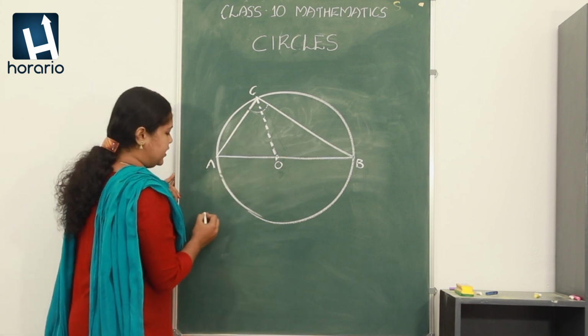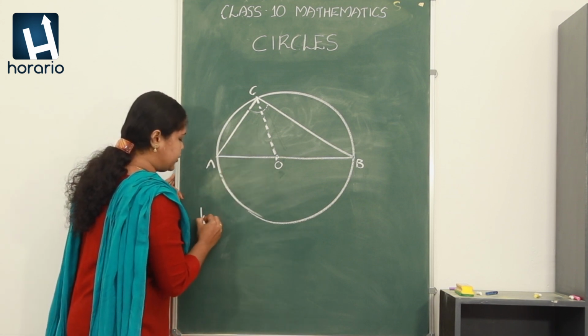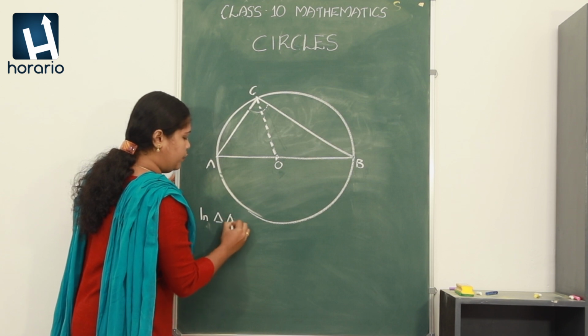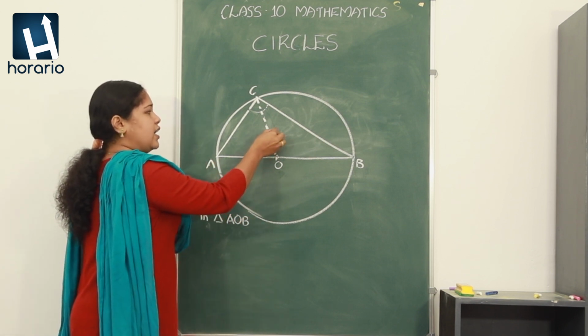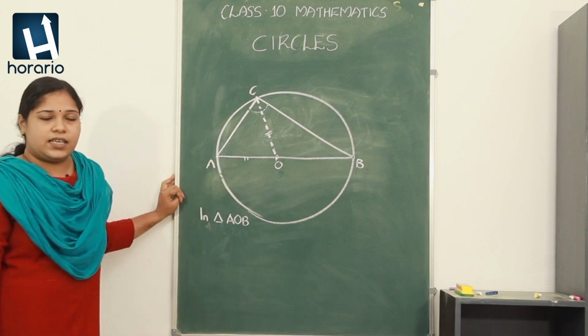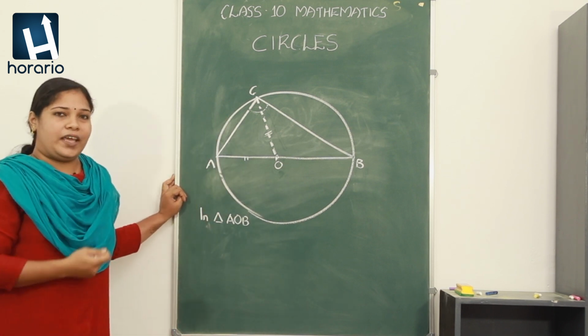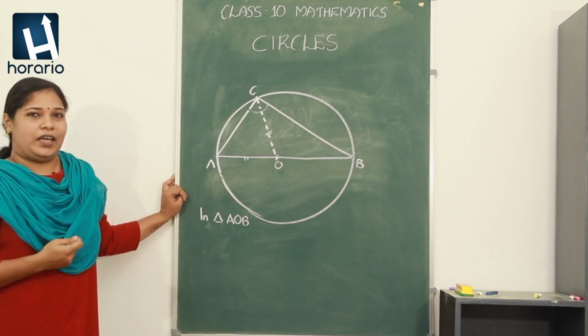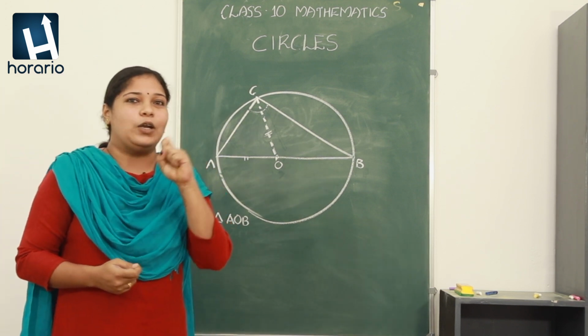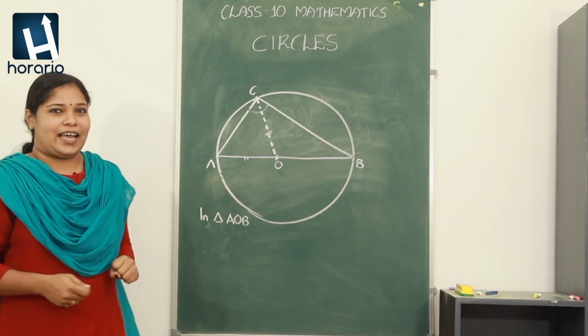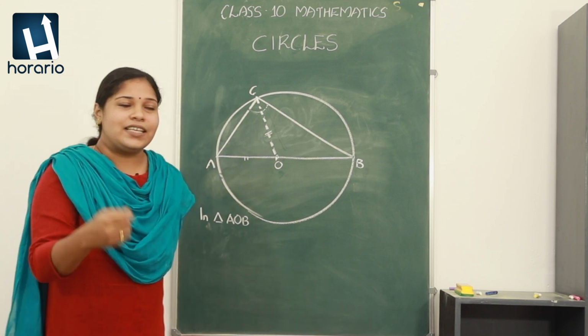Now let us consider triangle AOC. OA is a radius as well as OC is a radius. So what about triangle OAC? It is an isosceles triangle. So its base angles are the same.